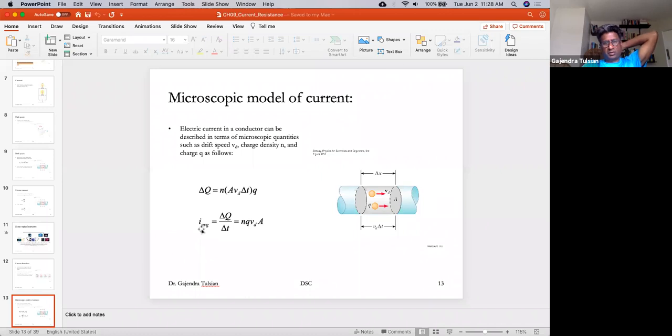So that's how the current is related to the speed of the electrons, if electrons are the charge carrier. That's the drift speed, and remember, that's about 0.2 millimeters per second. So very slow.